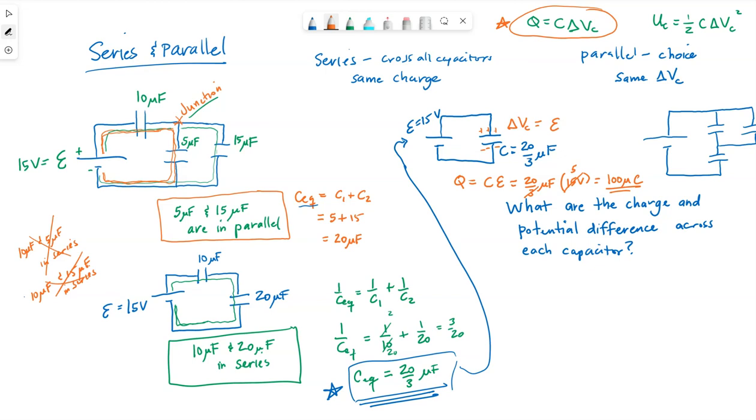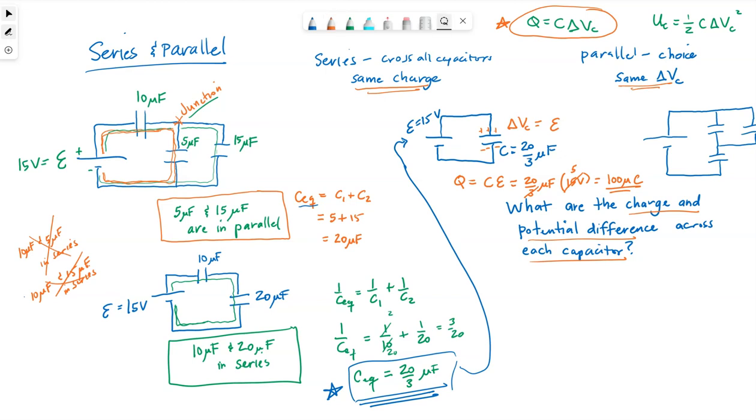Okay, let's work back, because we ultimately want to find the charge and potential difference for each capacitor, meaning the original circuit. There were 3 capacitors. We want Q and delta V for each of them individually. So this is where these things that need to stay the same come into play.